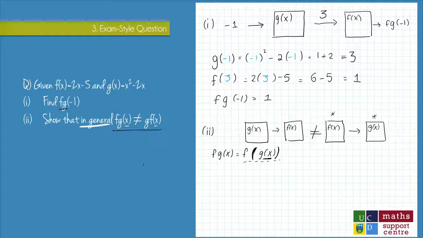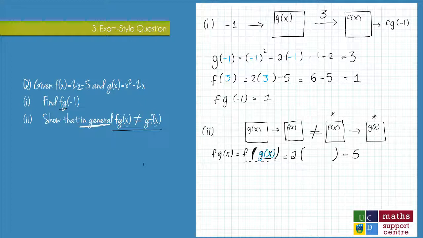So what I like to do there is write out f of x, and where we have an x, I put in brackets. So I have 2 bracket instead of x, and then -5. Because instead of just inputting x into our function, we are inputting g of x.